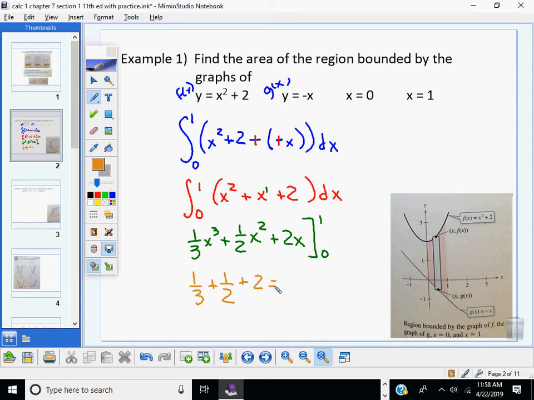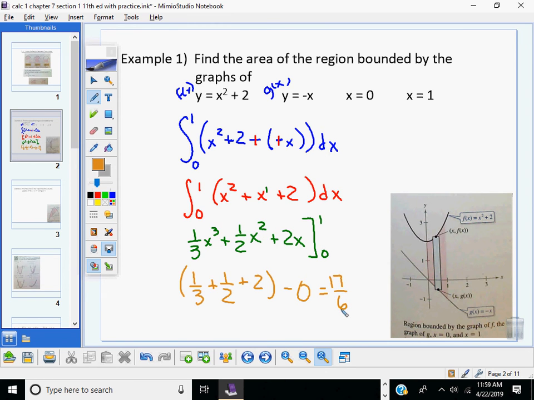Add all those together: 1/3 plus 1/2 plus 2 equals 17/6. Now the part I didn't show, I guess I should: I didn't show the minus 0 because I'd done it in my head, but let's show it. We know when we plug 0 in there, we're going to get 0. So we're still going to get 17/6 when we show that minus 0 in there.